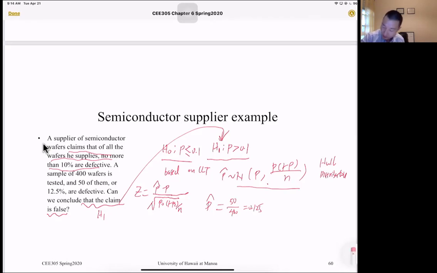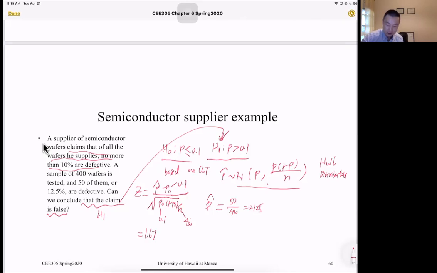P0 is 0.1, and the sample size is 400. Based on that, we calculate the z-score. The z-score is 1.67.